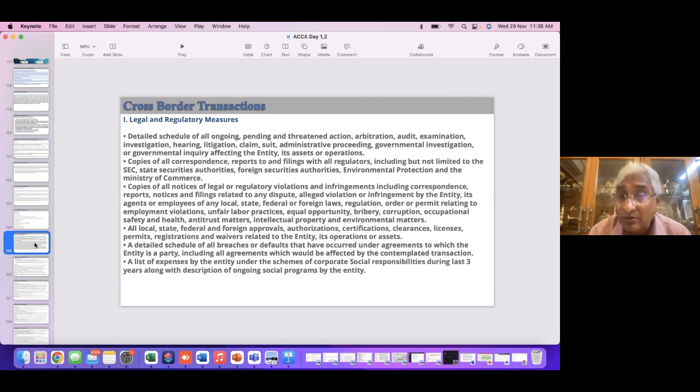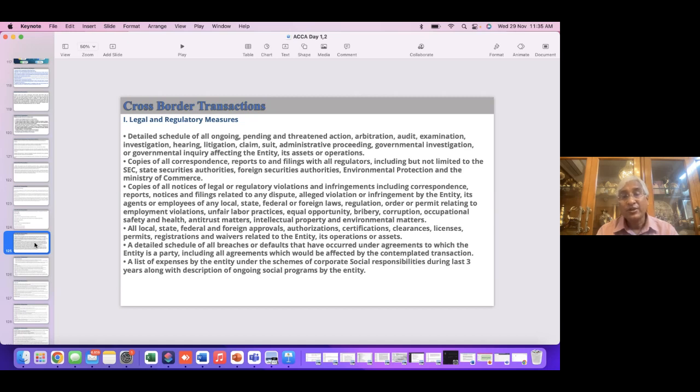Corruption, all of us know that corruption may be in national trade also, and in international or cross-border transactions, corruption is again a big issue. Occupational safety and health, antitrust matters, intellectual property and environmental matters are the main areas of concern. In intellectual property, suppose some medicine or some copyright is taken in some other country, but without paying any royalty, that is used in another country.